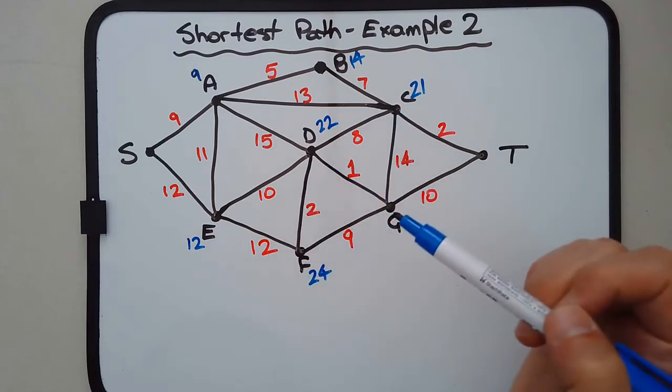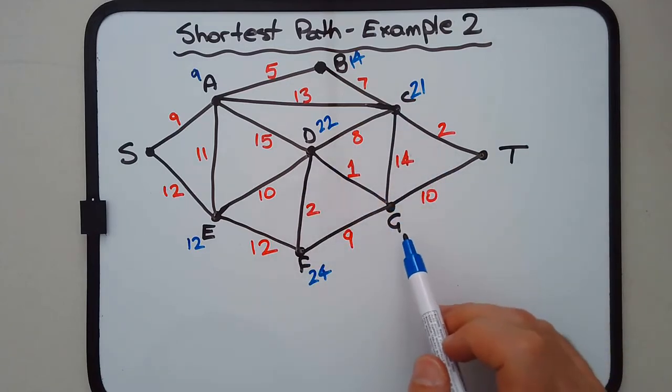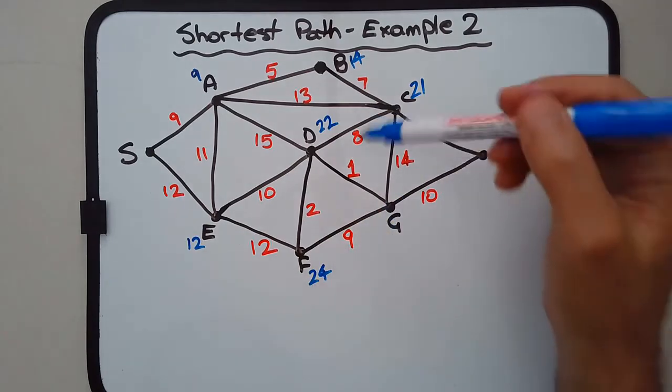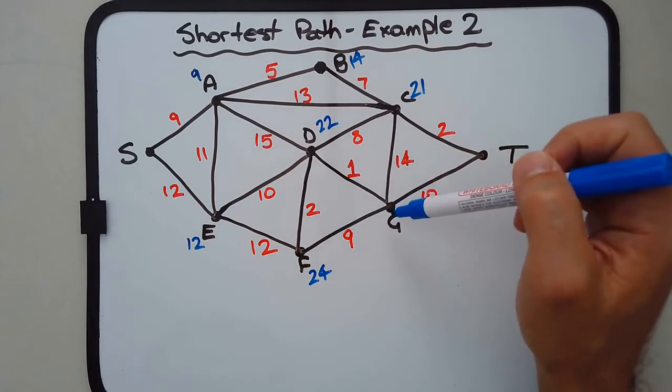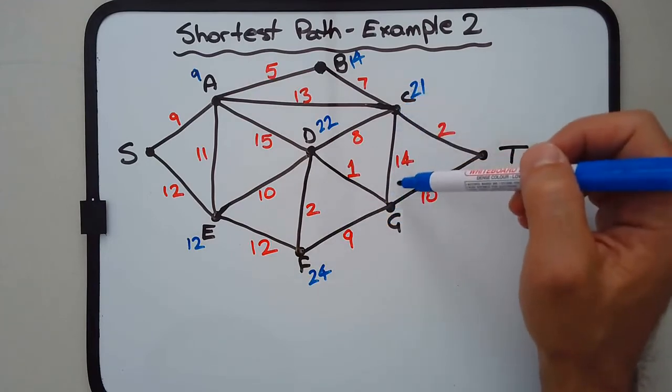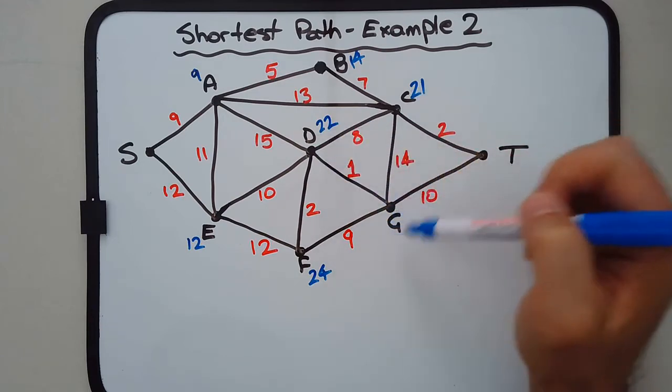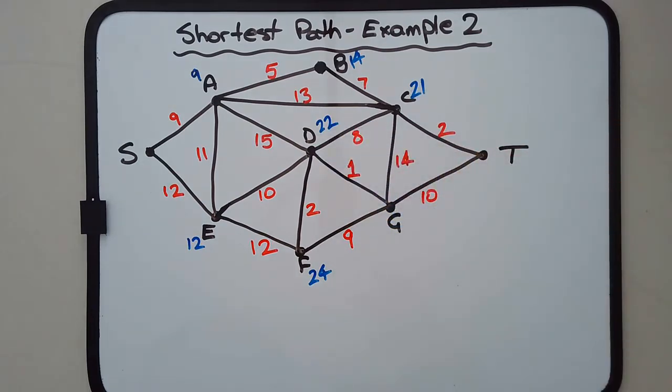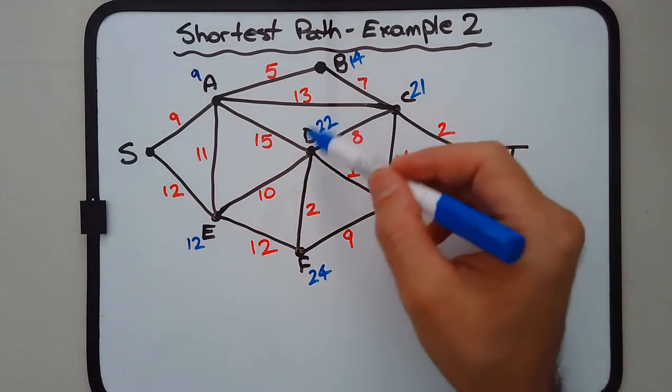So what about vertex G? We can reach G from C, but C is already at 21 plus 14. We try and aim for the paths that result in the lowest number. We've got D already at 22.